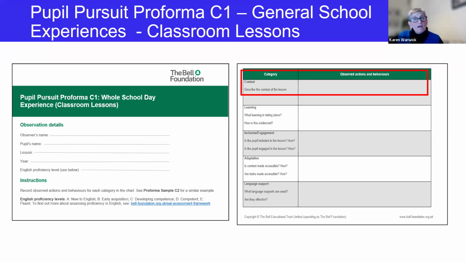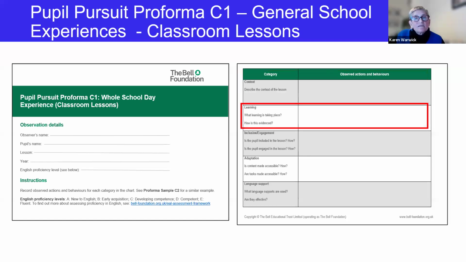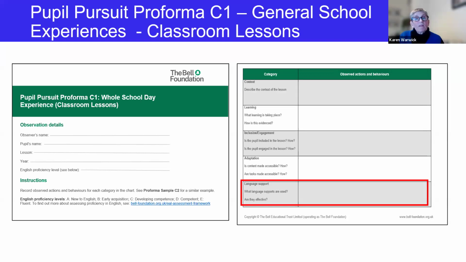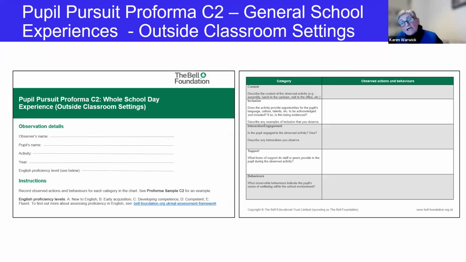Again, you've got space for information there and some instructions again, but the proforma is in different categories with questions underneath to guide you in your observation in the classroom. And then the second one, proforma C2, allows on that general school experience outside the classroom, following the same format.